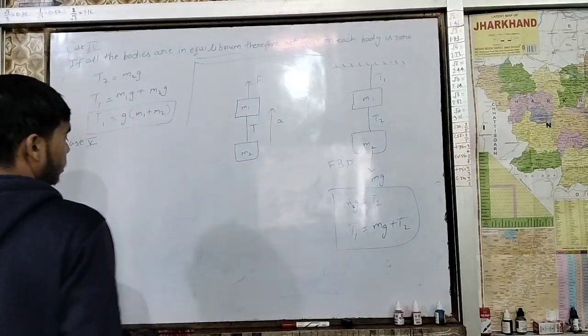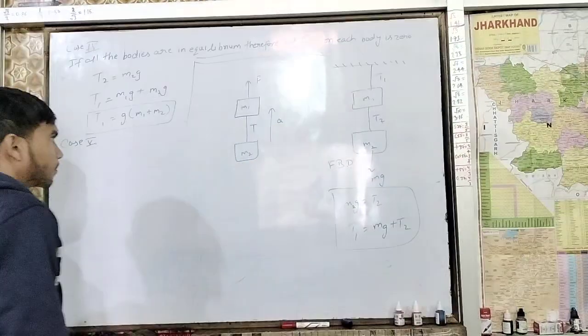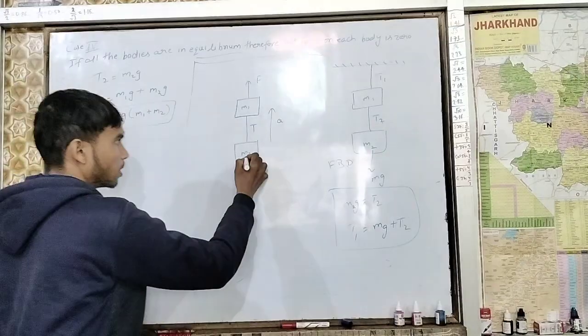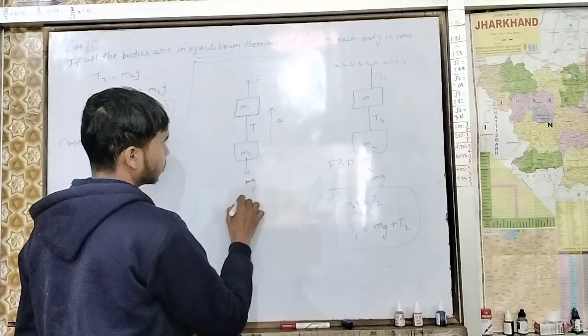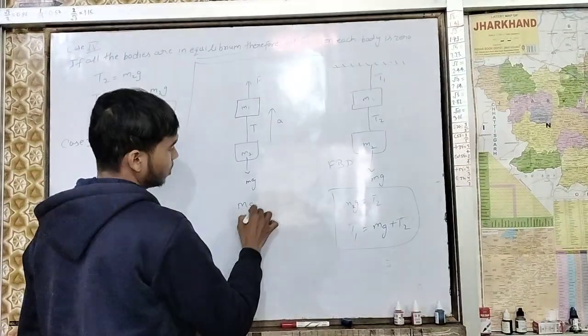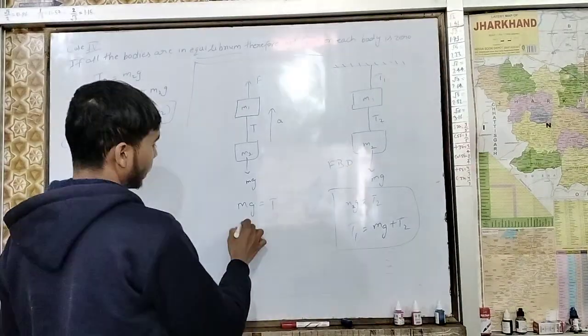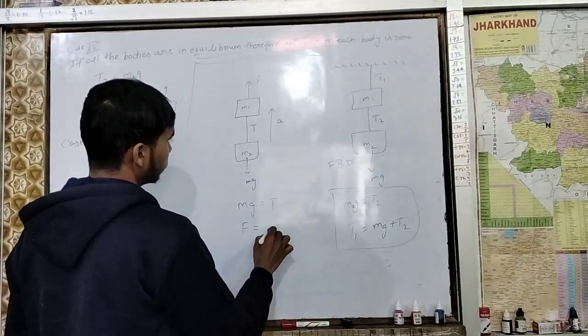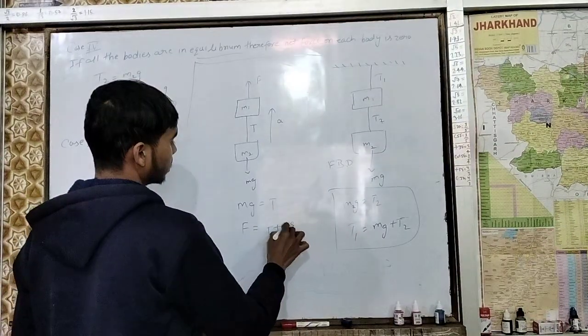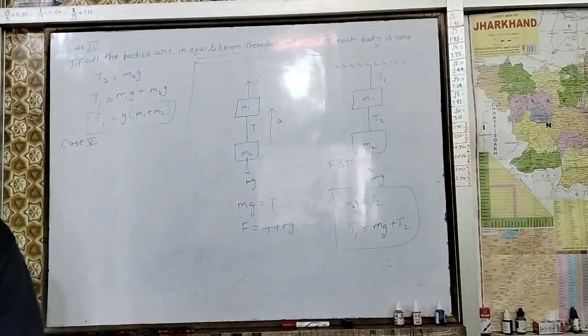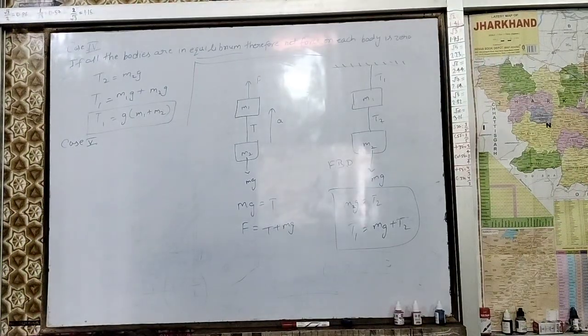Yes, this is our figure. Now tell me, M1g will be downward. So M1g is going to be equal to T, and F is going to be equal to T plus M1g. Am I correct?